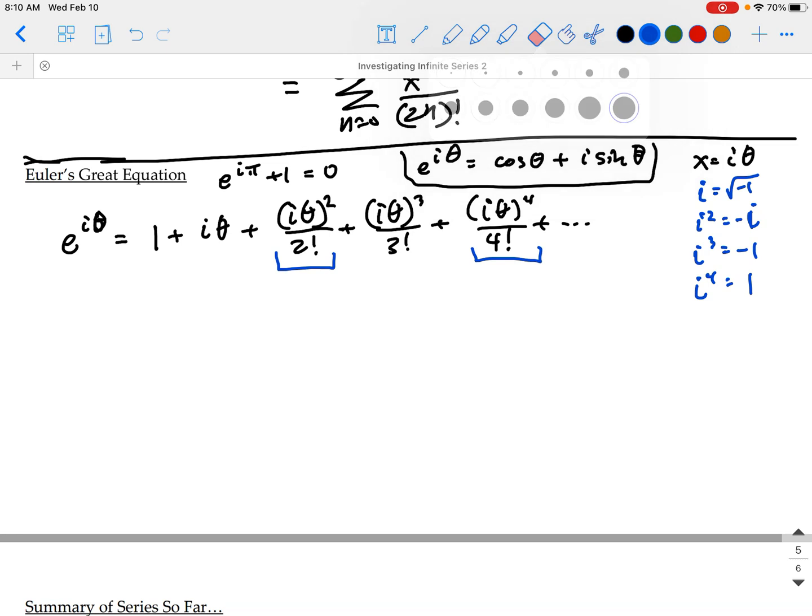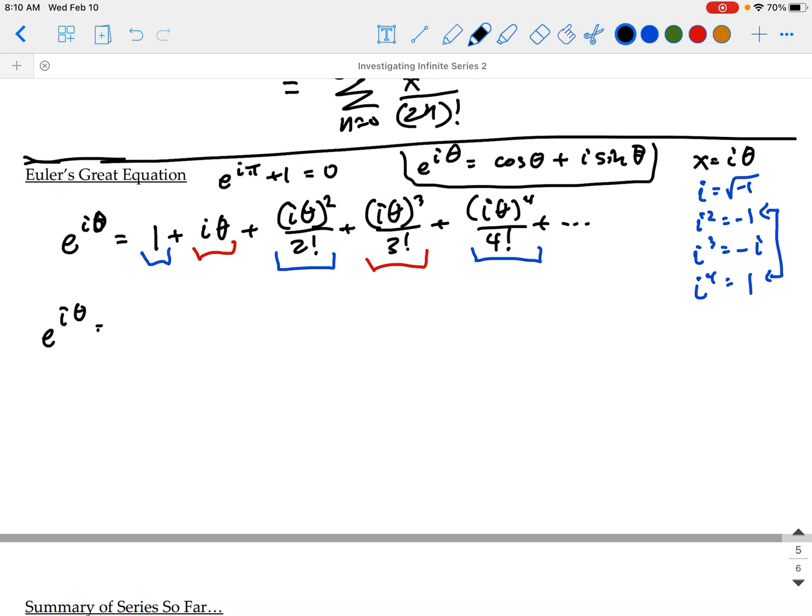So, oh, whoops, sorry, in reverse: -1, -I. So again, our even powers are either going to be plus or -1. And that'll be true for our first term as well. And then our odd powers are going to all be plus or minus I.